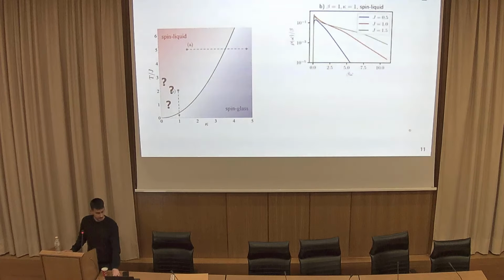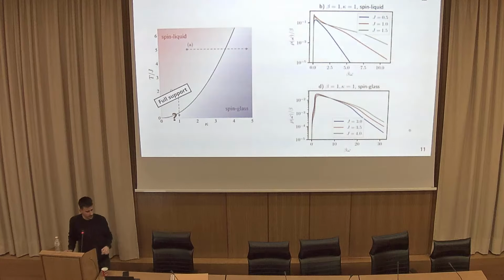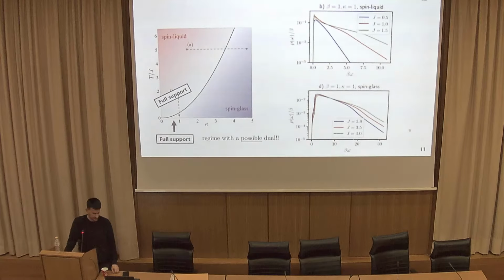We do the same moving vertically. We start from the spin liquid phase again, and again we see exponential decay. This is not surprising. But now we go to the spin glass phase for kappa between 0 and 1. In this case, we see that the exponential decay and the full support behavior of the spectral functions remains, although we are in the spin glass phase.